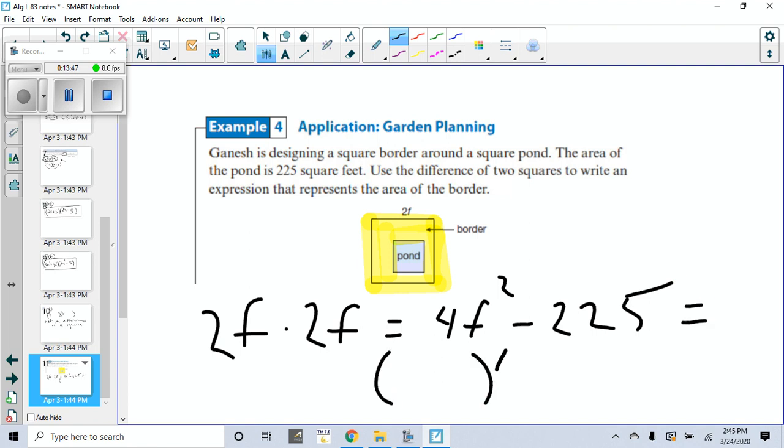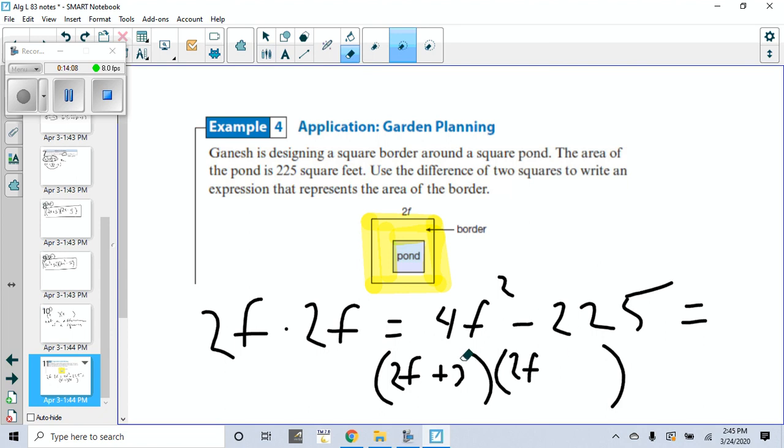And that ends up being a difference of two squares, because 4f squared is 2f times 2f. And 225 is positive. Wait, how do you factor that? Oh, I know what it is.